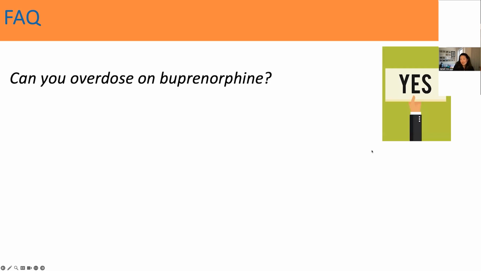So at the end of the day, buprenorphine is not a panacea. It's still an opioid. There is still risk for accidental overdose, and in fact, it does happen. What you'll see in the literature when there is accidental overdose involving buprenorphine is that it usually involves co-ingestion of a benzodiazepine or another non-opioid sedative.